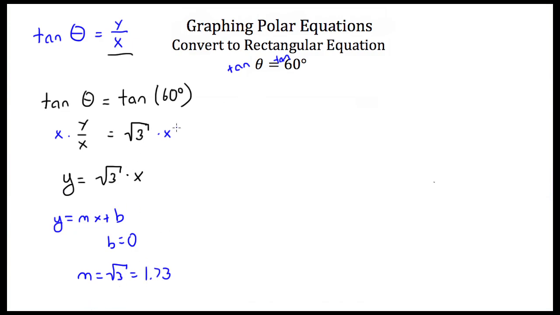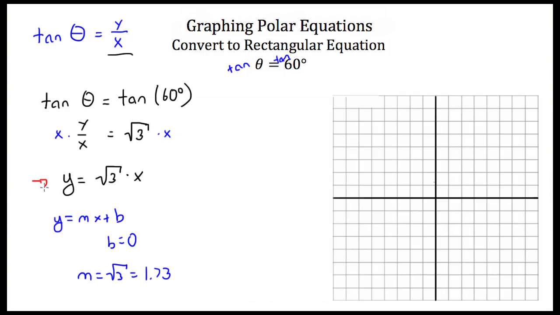So if I want to graph theta is equal to 60 degrees, I can instead graph y is equal to the square root of 3 times x. My y-intercept is 0, or the origin, then over 1 and up the square root of 3. Connect my dots, and my graph should look something like this.